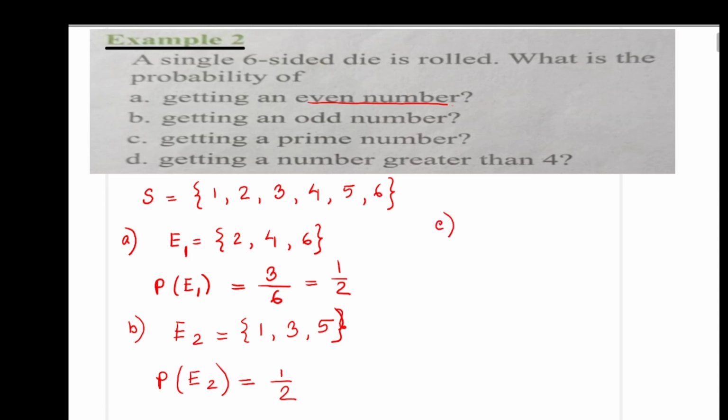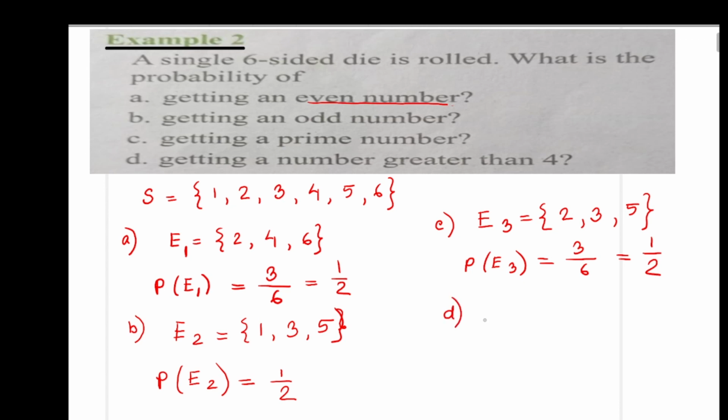Then C, getting a prime number. We are considering it E3. What are the prime numbers? 2, 3 and 5. So the probability of getting a prime number is 3 by 6. Again we will get 1 by 2. D, getting a number greater than 4.